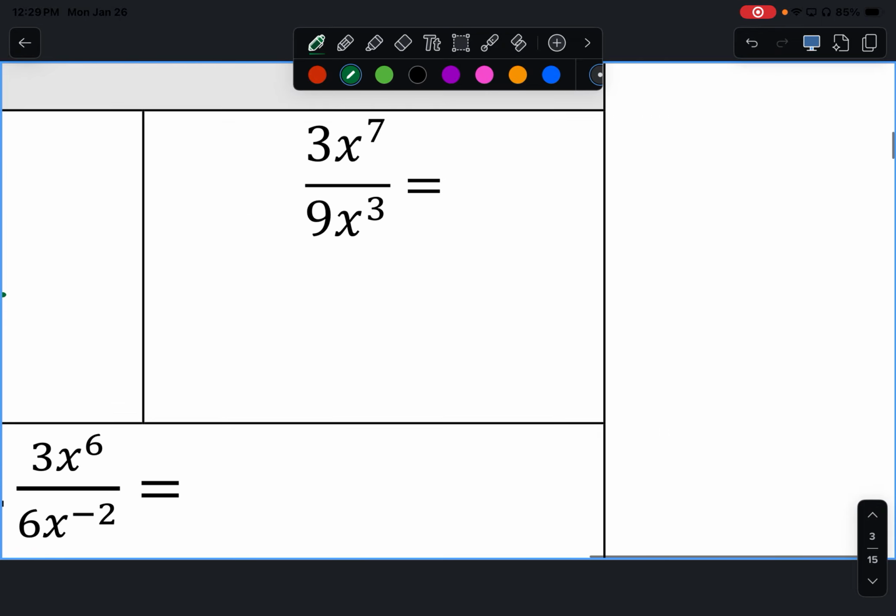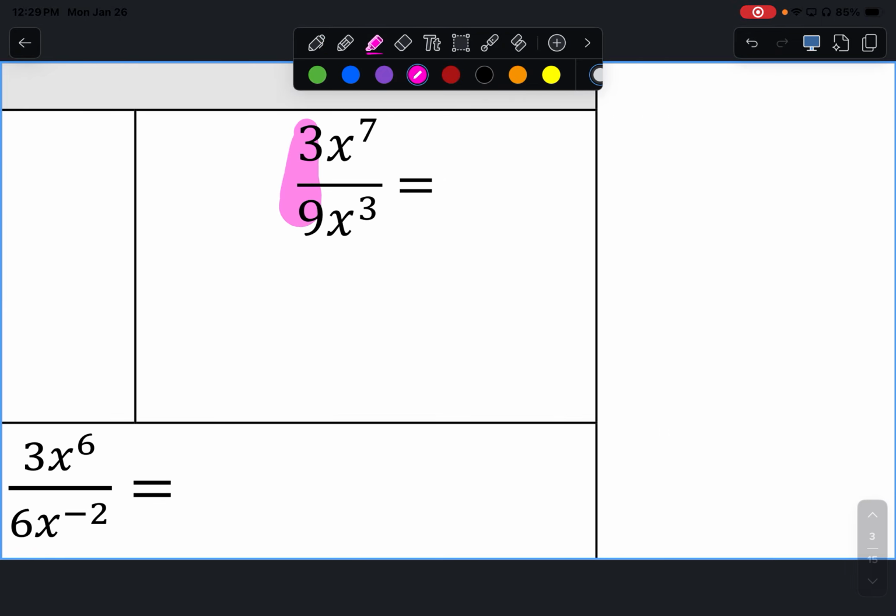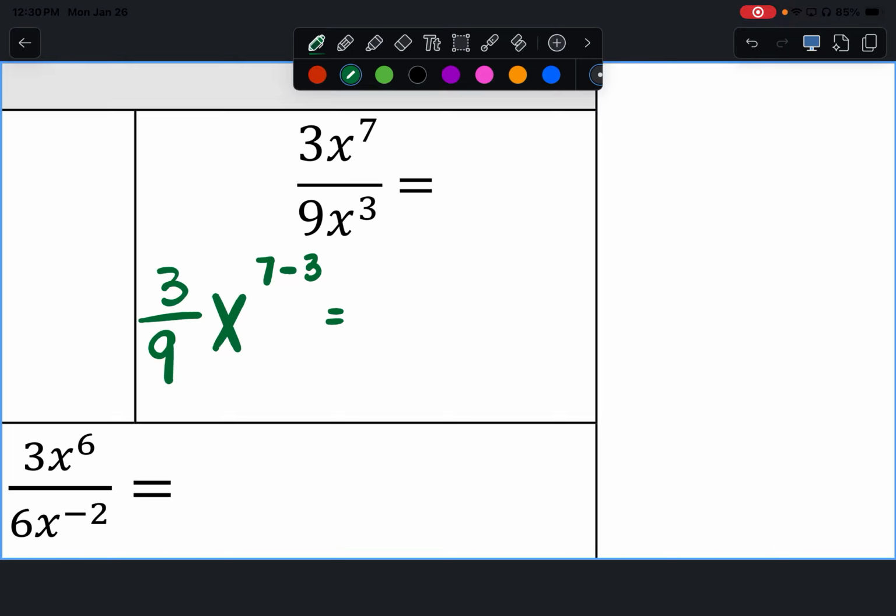Okay, now for this one. Again, we have our constants in the very front, so we're going to let them do their thing. 3 over 9, x to the 7 minus 3. So what can I simplify 3 over 9 to? Then it'll be x to the... Now, I could write it like this, or I could write it like x to the 4th divided by 3.